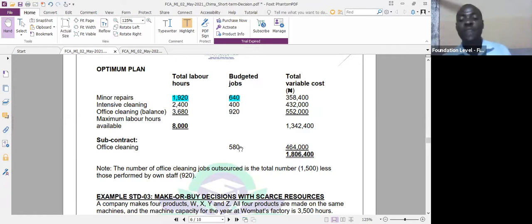We multiply 580 by the customer's purchase price, and that gives us 464,000. So if you add up all that we've done, both making it in-house or getting it outside, we are getting a total cost of 1,806,400. Give me one moment, please.